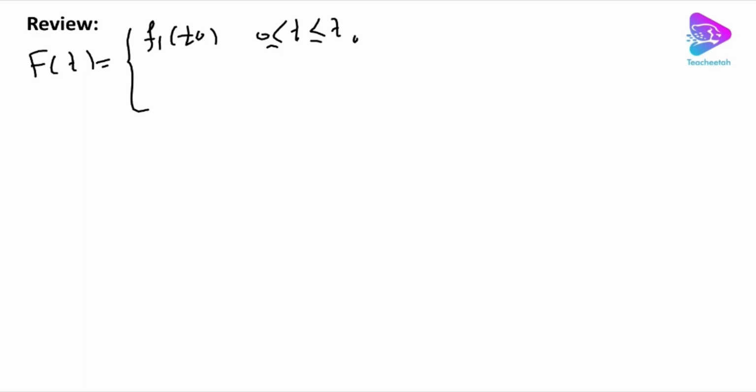For example, say f(t) is equal to f1(t) for 0 to t naught, and 0 for t greater than t naught.